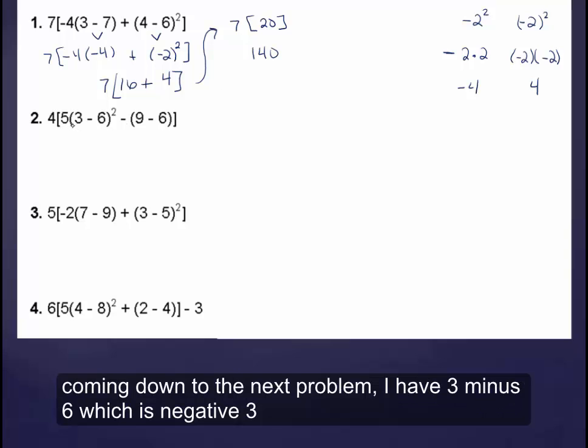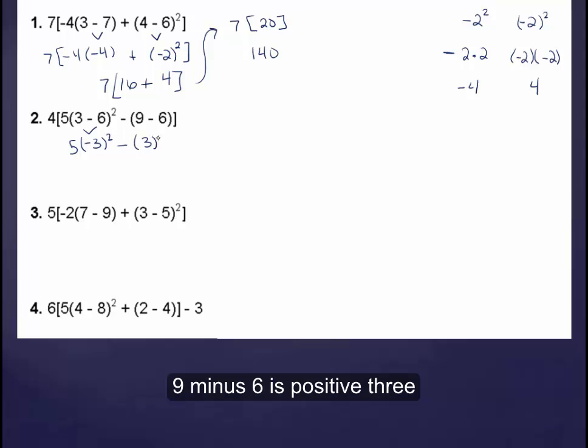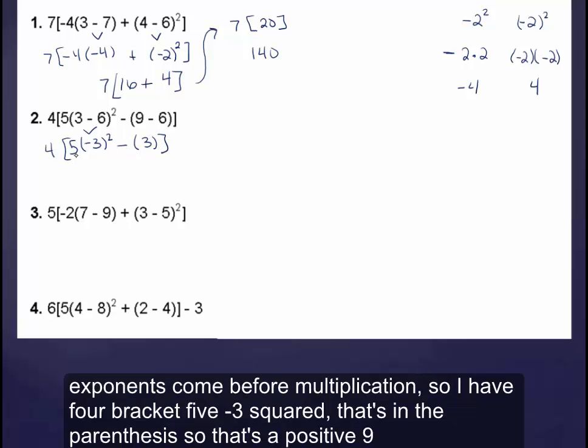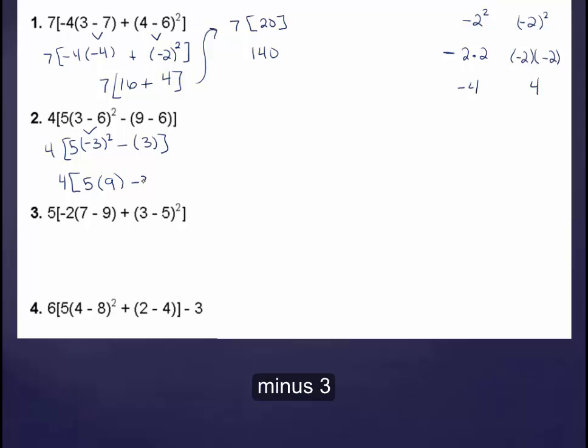Coming down to the next problem, I have 3 minus 6, which is negative 3. 9 minus 6 is positive 3. Exponents come before multiplication, so I have 4 bracket 5, negative 3 squared, that's in the parentheses, so that's a positive 9 minus 3.